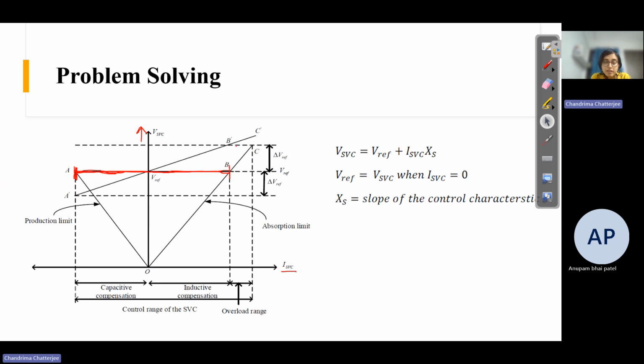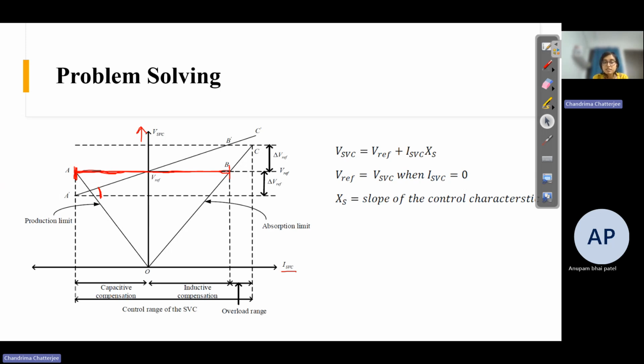What will be those advantages we will discuss. But for now, there could be zero slope where the line will be parallel to the horizontal axis, and we could also have the characteristic like this where there will be a slight positive slope. Okay. So in that case, what will change?